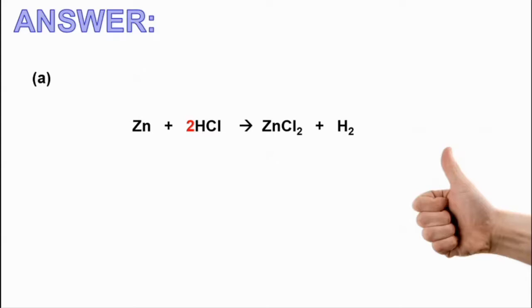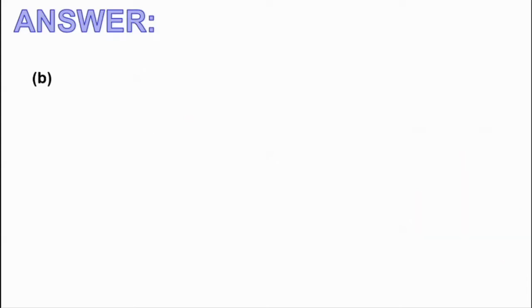Good job guys, good job. Alright, next, question B. In B, we need to determine how many moles of hydrogen gas were produced in this reaction. As stated in the question, this reaction was done at room temperature.